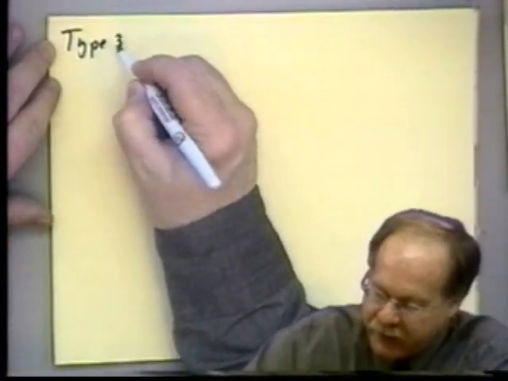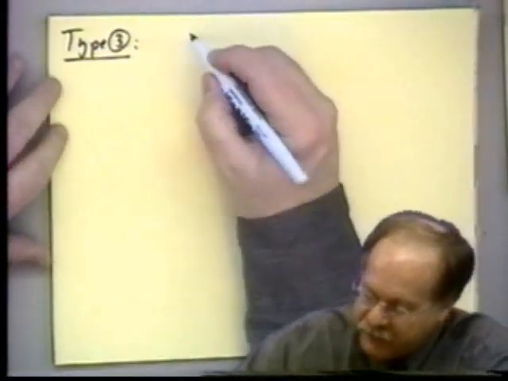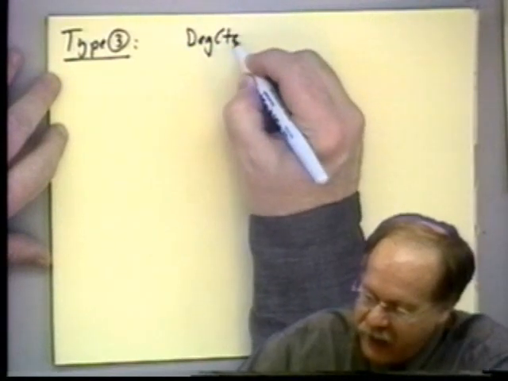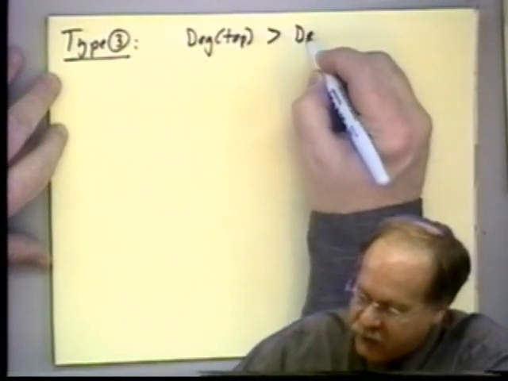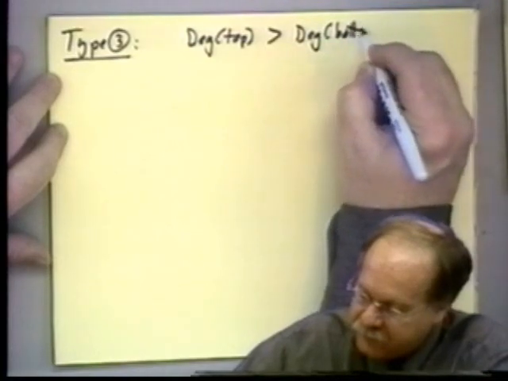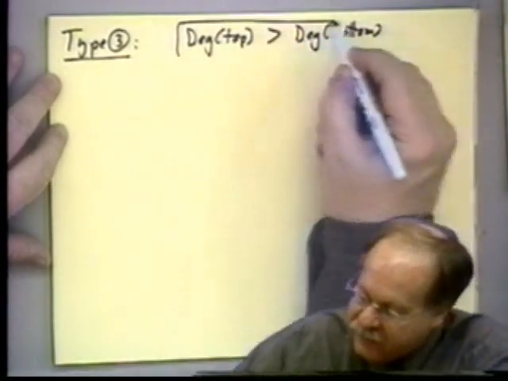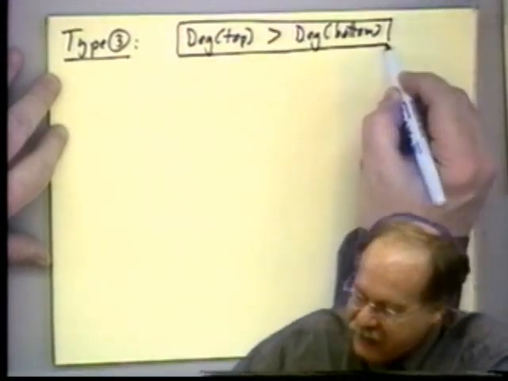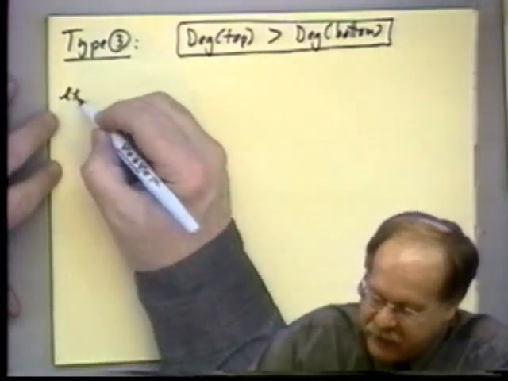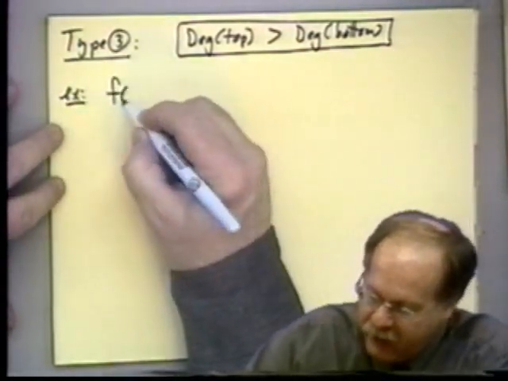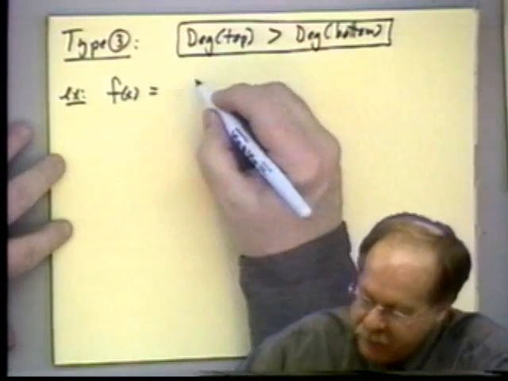And I'm calling this one type 3, of course. This is the case where the degree of the top is greater than the degree of the bottom. And in this case, it is also going to be very easy once we get done. Here we have f of x as our example.